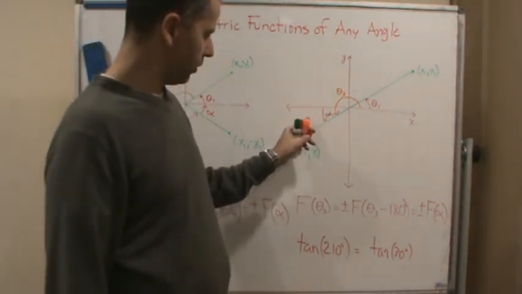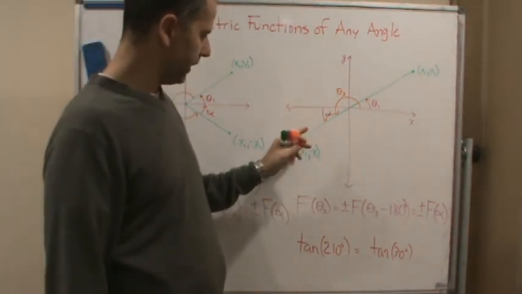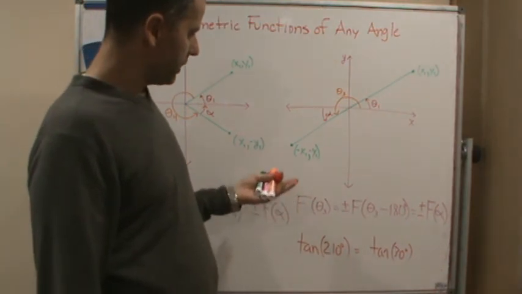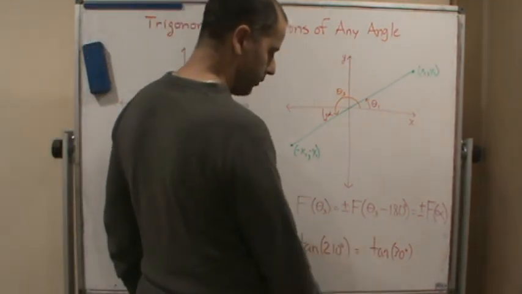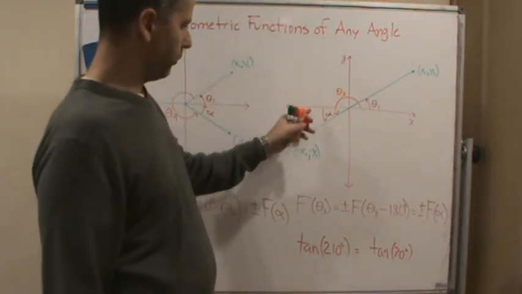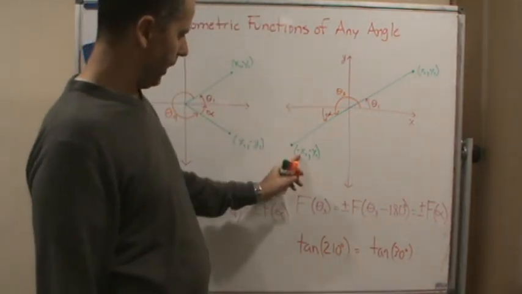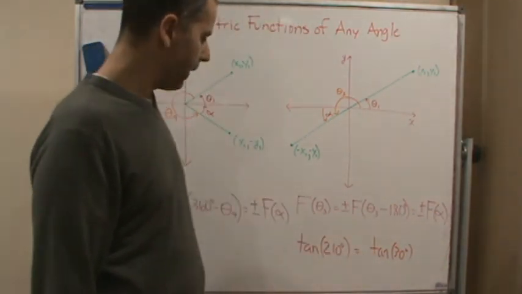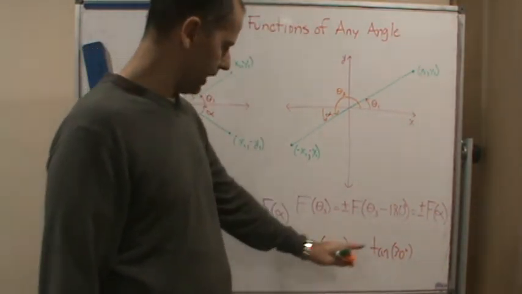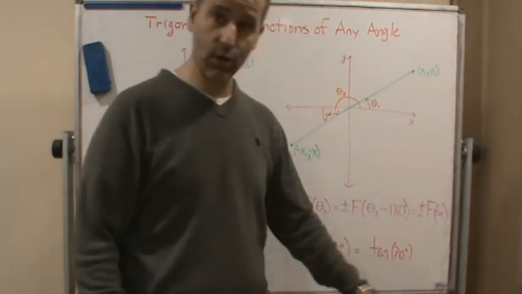We're in the third quadrant. Tangent is positive in the third quadrant because it's y over x, but x and y are both negative. So tangent of 210 is the same as tangent of 30. So that's our reference angle.